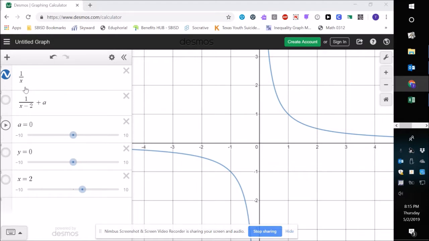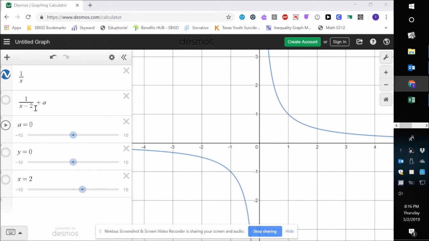So for the parent function 1 over x, if you look at the right, the graph in blue, that's what the graph is going to look like for 1 over x. Now let's cover transformation. So if you look at the right side, at the second line where it says 1 over x minus 2, we're going to ignore the plus a for the moment, but mainly focus on x minus 2.